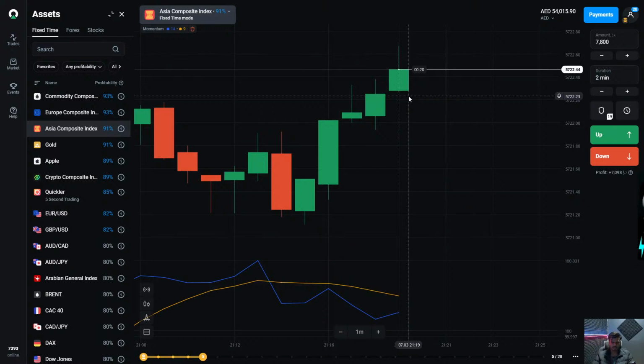Let's check 20 seconds, and after that we will make the new trade, to see whether it will move in the upward or downward direction.